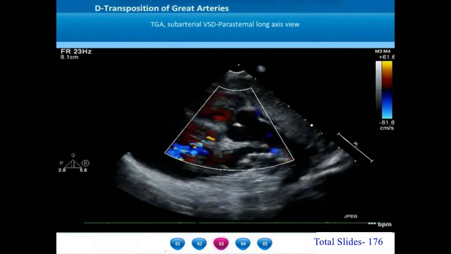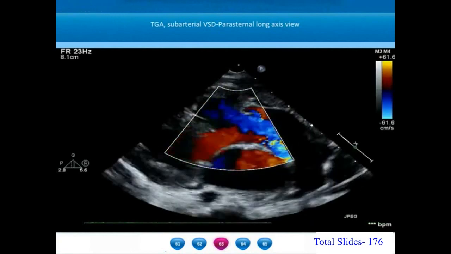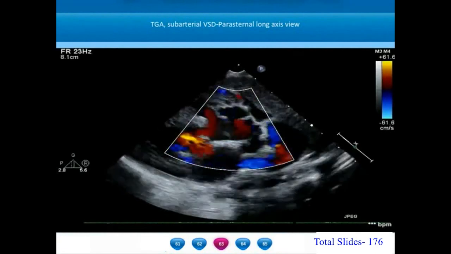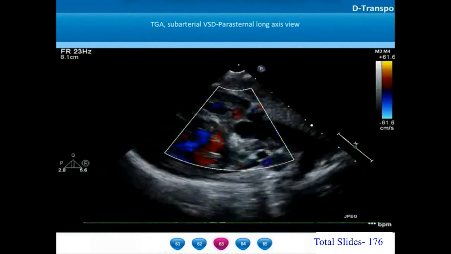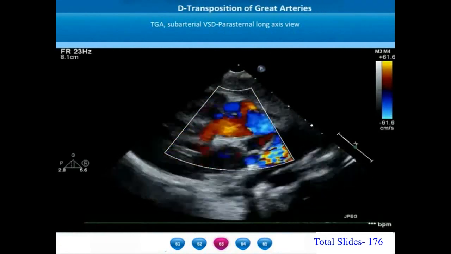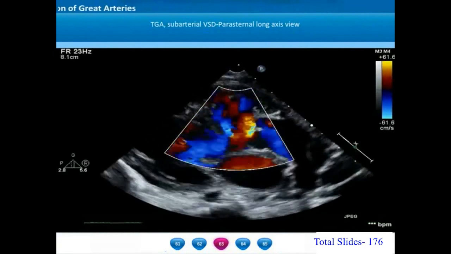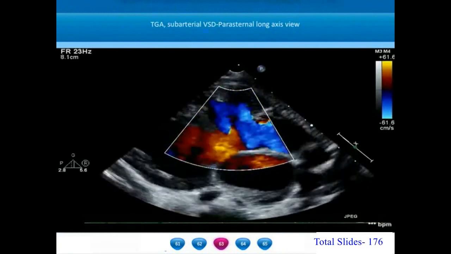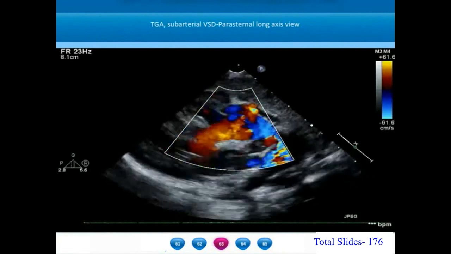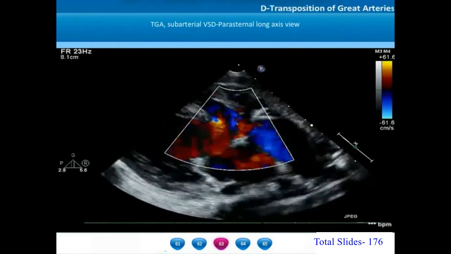The point of differentiation between a double outlet right ventricle with a subpulmonary VSD and a transposition of great arteries with a large subpulmonary VSD will be by noting the presence or absence of pulmonary mitral fibrous continuity. If the pulmonary annulus is in fibrous continuity with the mitral annulus, and if there is a point of contact between the pulmonary annulus and the anterior mitral leaflet, then they are defined as TGA with large subpulmonary VSDs.